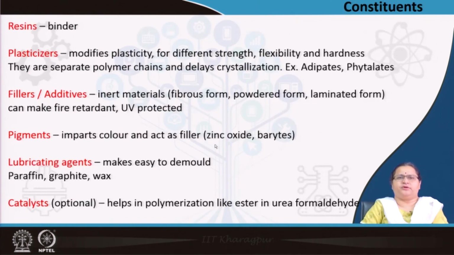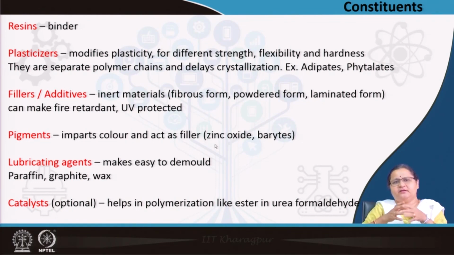Now, as I told you, the resinous part or the binder part is actually the plastic or the polymer part. Like in paints, you learnt that the base is giving the body to it.